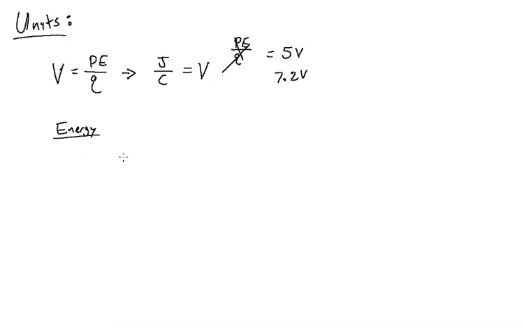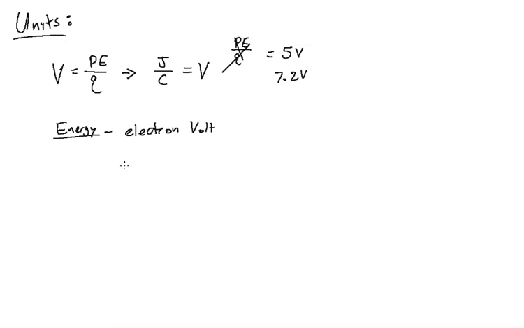So what you do is you make up a new unit called the electron volt.